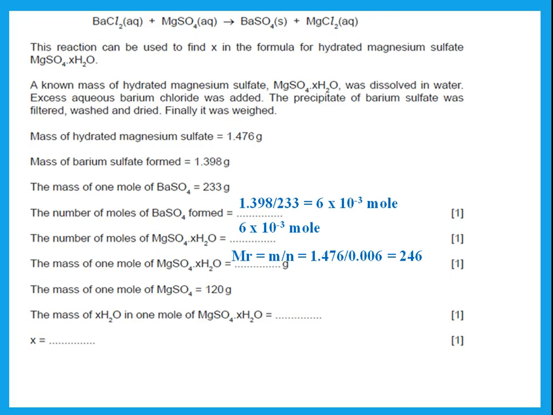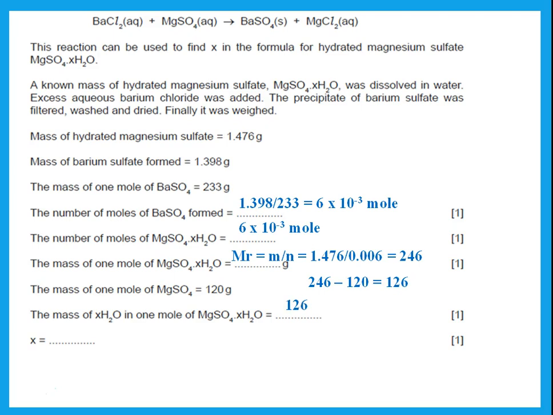Now looking at the MgSO4 alone, its molecular mass is 120. And the total is 246. So can I get the mass of the X water? If the total is 246, and the MgSO4 alone is 120, then the X water is the difference between them. So the X water is 126.